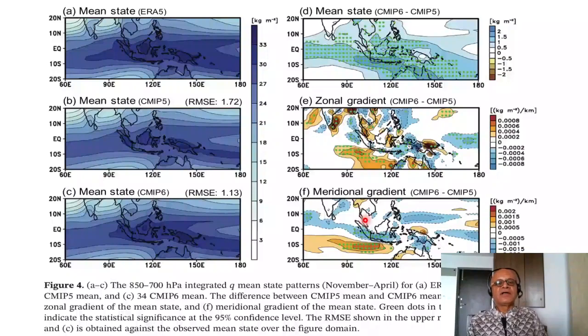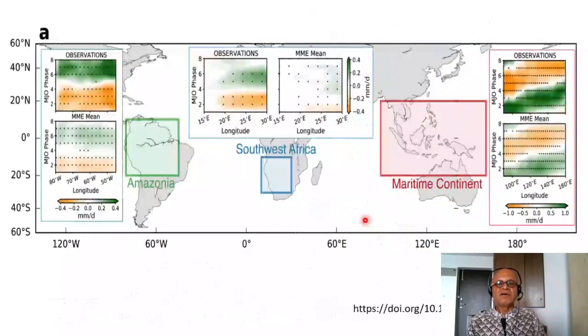Okay. Another paper looked at the variability of MJOs in the models and compared them against data, and here are the multimodal ensemble means for different regions. So this is for Amazonia, and you can see models are weaker. Over Southwest Africa, this is the observations, this is the multimodal ensemble, almost non-existent compared to observations.